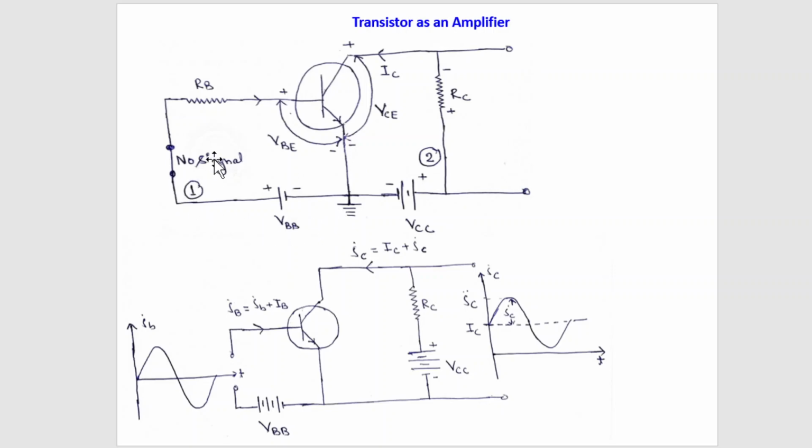When we do not apply any AC signal, that is, any input AC signal, which I have written as no signal, and only DC power supplies are used just to bias the transistor so that the base emitter junction is forward biased and the base collector junction is reverse biased, then this situation is called transistor biasing, what we have learned.